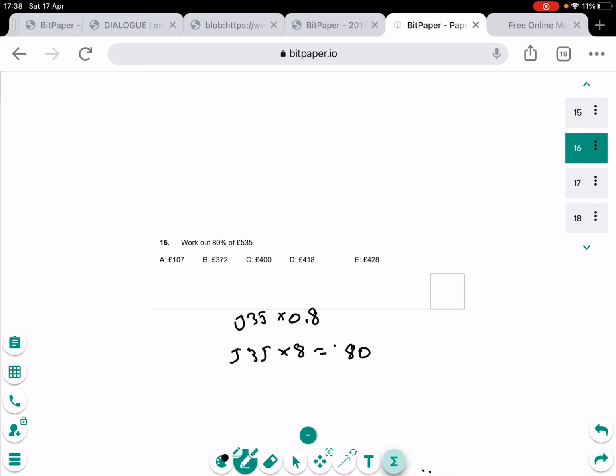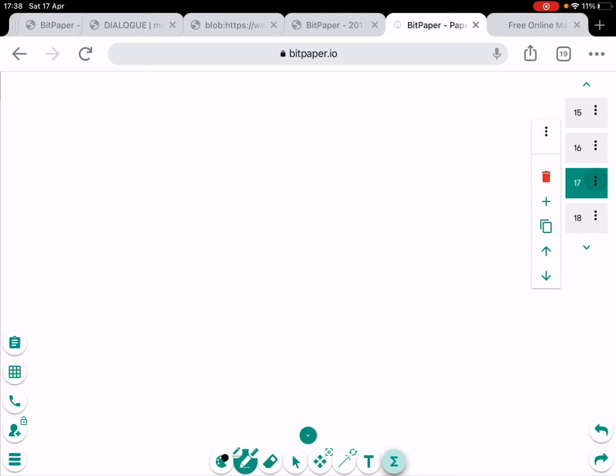Oh, wait, I messed up. So that's 4280. So you take away the 0 because there's a decimal point. So 428 pounds. So the answer is E for question 15.